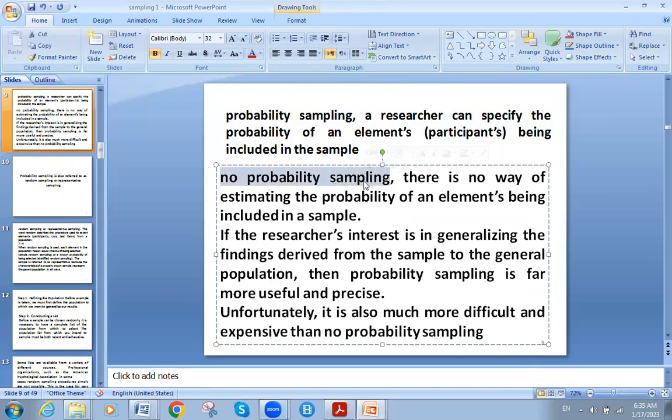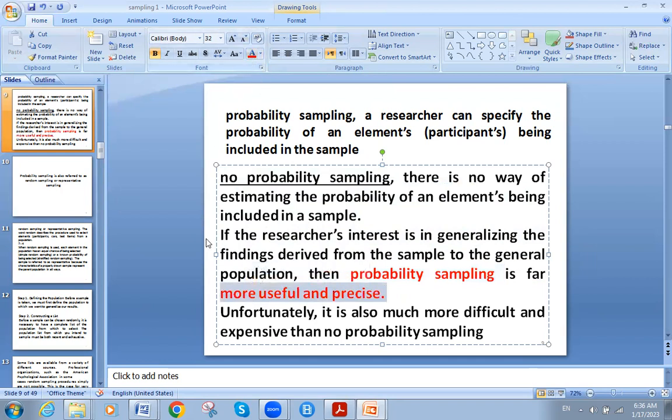Non-probability sampling is another type. We said we have probability and non-probability sampling. In non-probability sampling there is no way of estimating the probability of an element being included in a sample. If the researcher is interested in generalizing the findings derived from the sample to the general population, then probability sampling is far more useful and precise. So what I want to say here is that probability sampling is more precise than non-probability sampling.